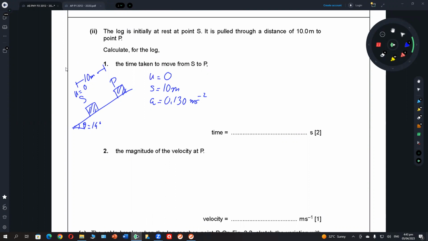And we need to find the time. Now, can you help me for selecting an equation? We don't have the final velocity, so we can take s is equal to ut plus half at square. Right.